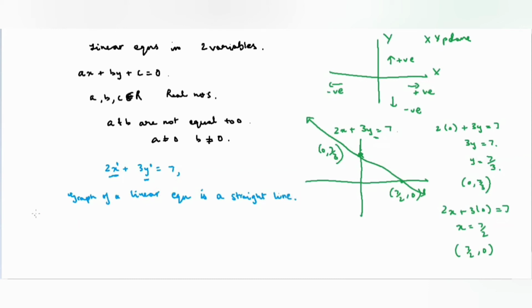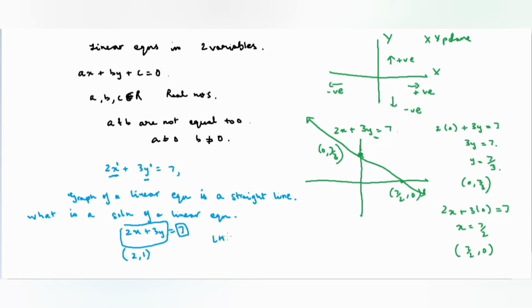Now we'll try and understand what is a solution of a linear equation. Now we have an equation 2x plus 3y is equal to 7. Now the LHS is 2x plus 3y, RHS is 7. If I put the point (2, 1) in this linear equation, this means that x is 2, y is 1.